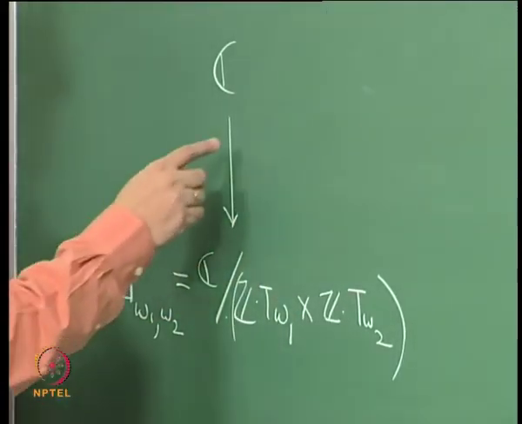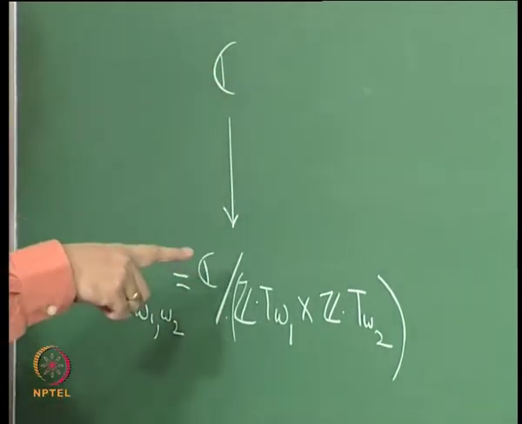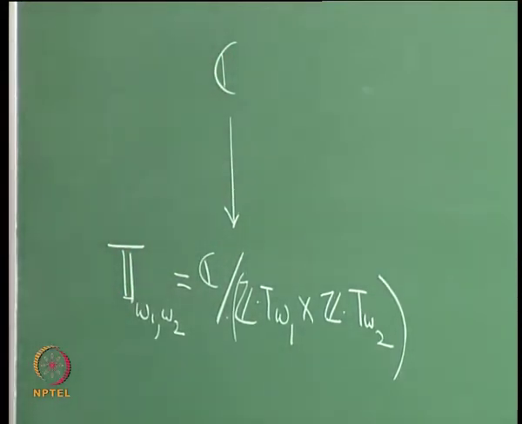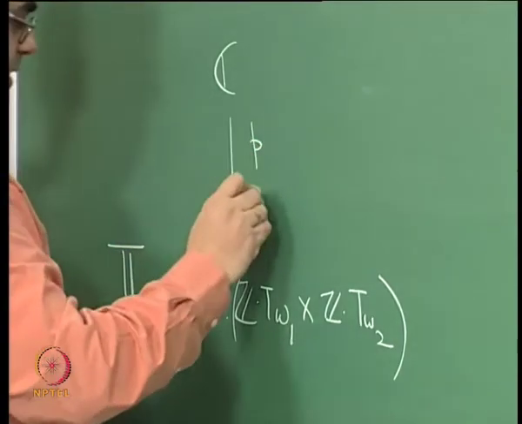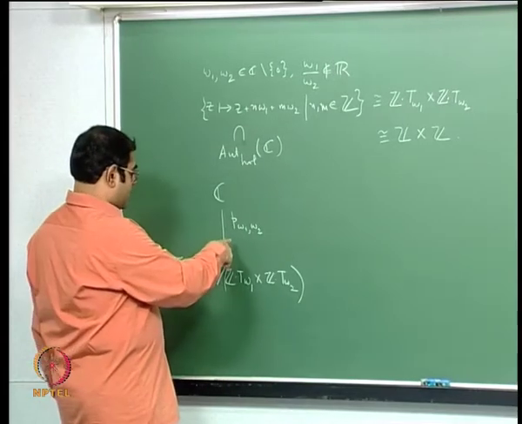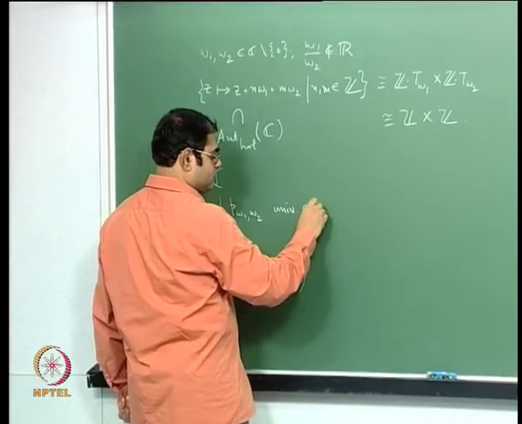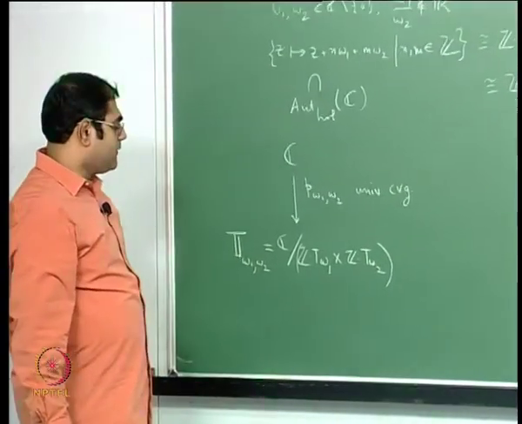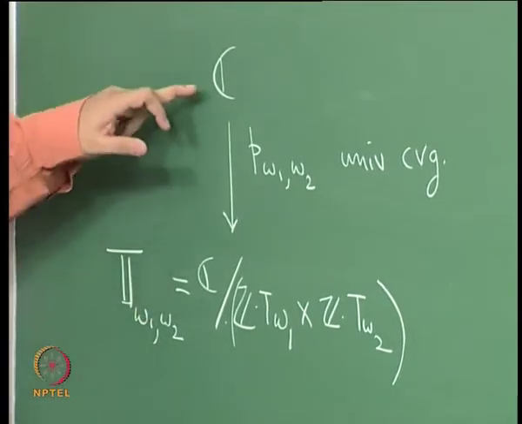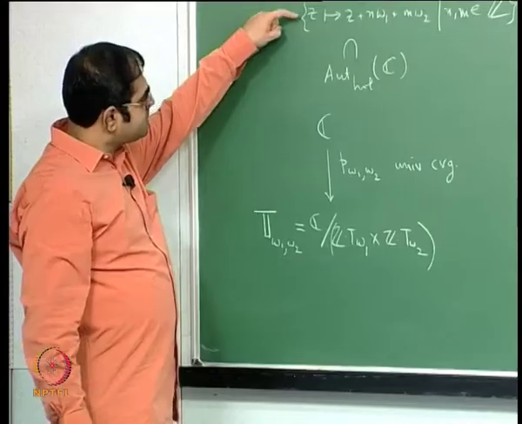This map is a covering map. This is a universal covering because C is simply connected. If I call it P sub omega 1 comma omega 2, then this is a universal covering, and because of this the fundamental group is identified with the deck transformation group of this cover, and the deck transformation group is precisely this.